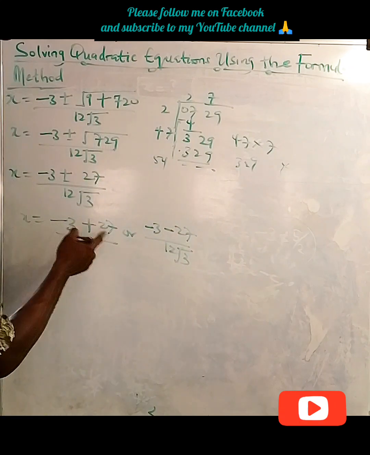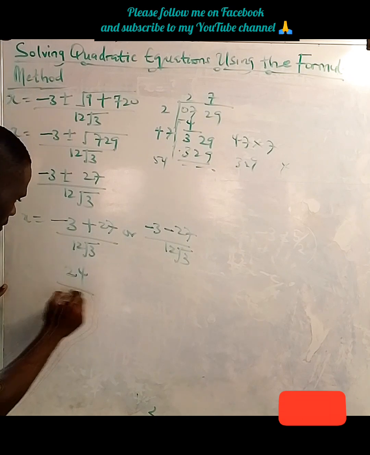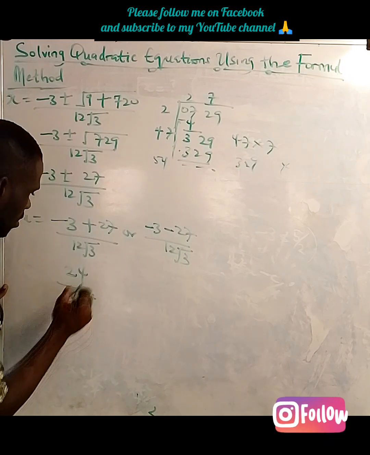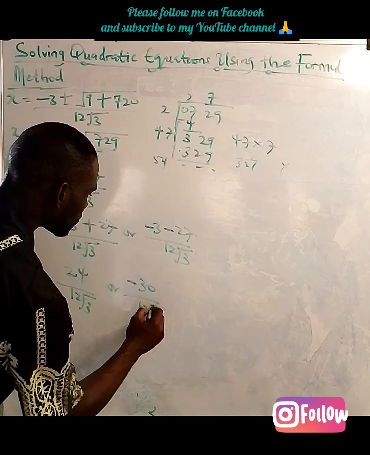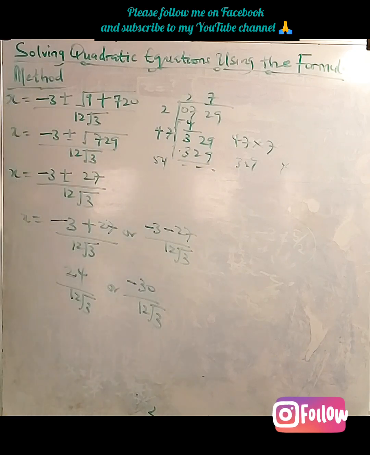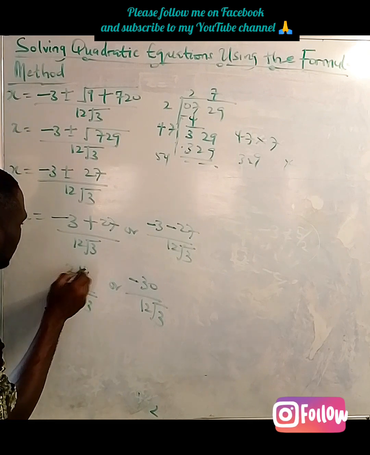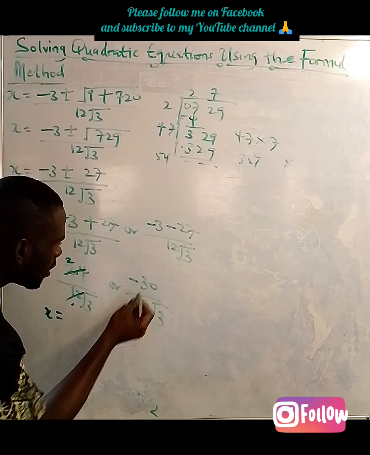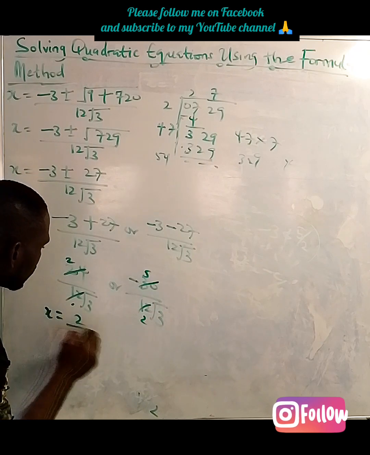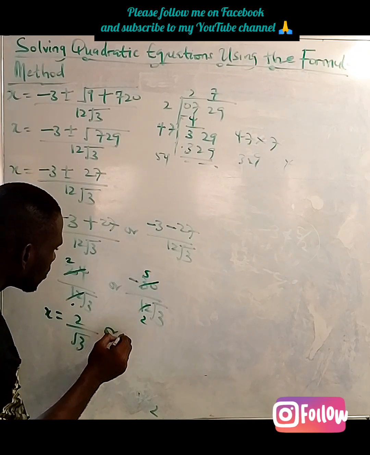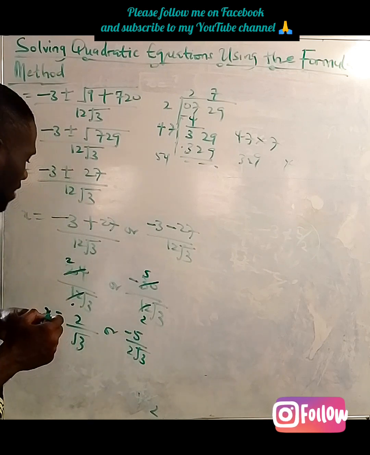Minus 3 plus 27 will give us 24, so 24 over 12 root 3, or minus 30 over 12 root 3. So x is: 12 here 1, 12 here 2; 6 here 5, 6 here 2. So the values of x will be 2 over root 3, or minus 5 over 2 root 3. These are the values of x.